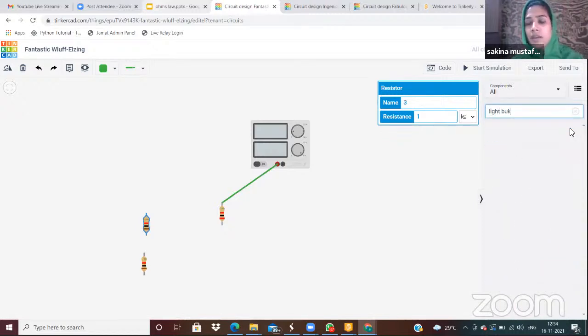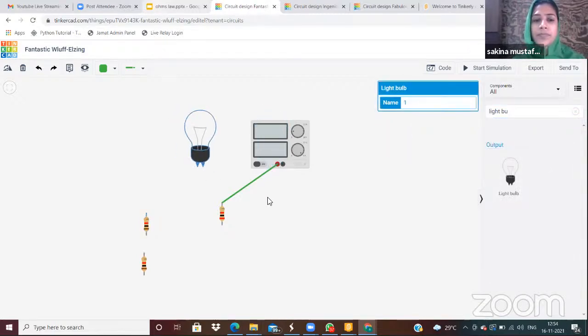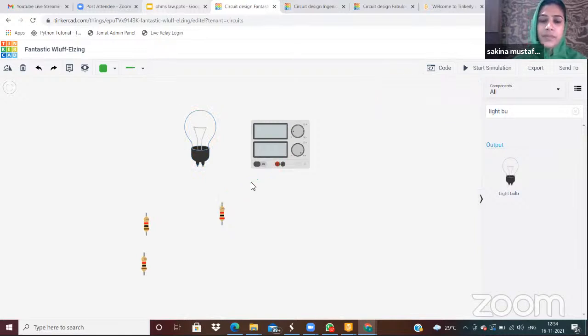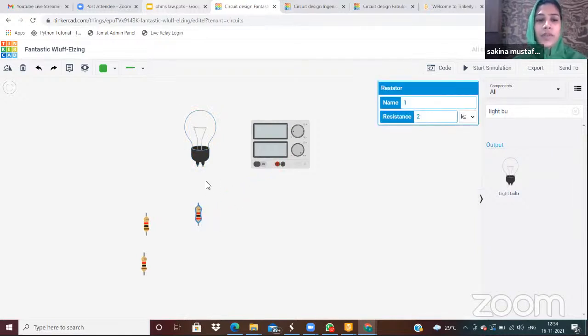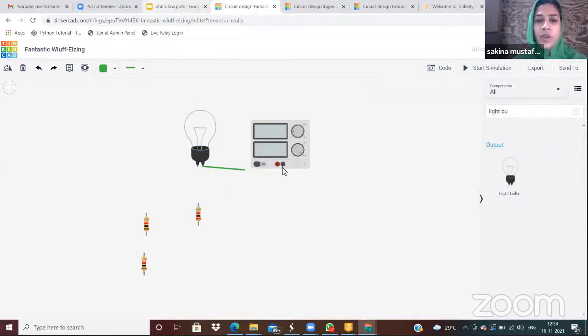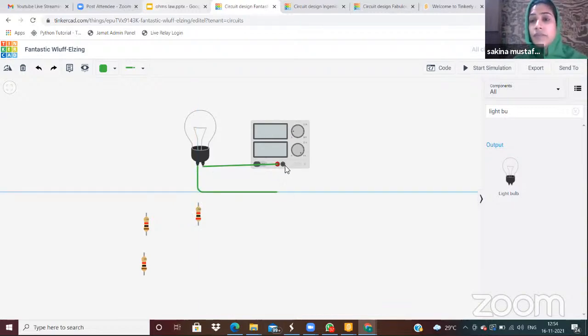Light bulb, okay. We take that. So we are providing one resistor, but just first without a resistor. So we'll see what happens without resistance.